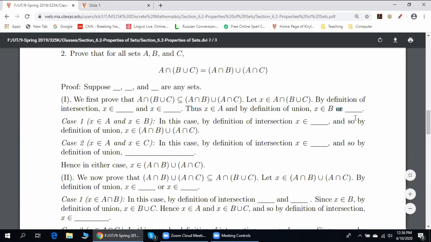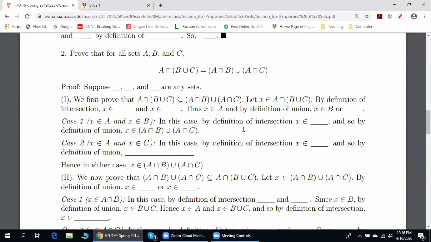So the reason you can put a union at the very end of the proof is because case one or case two is an or situation. No. So bear with me. By this portion, we conclude that X is from A intersection B, correct? Now, since X is from A intersection B, X is from A intersection B union whatever.